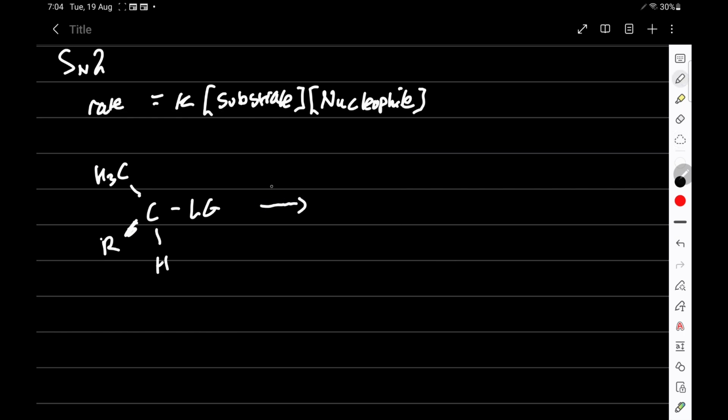When we add our nucleophile to our reaction mixture, we form not an intermediate, but a transition state. We don't form the transition state. We go via this transition state. That's a better way of putting it.